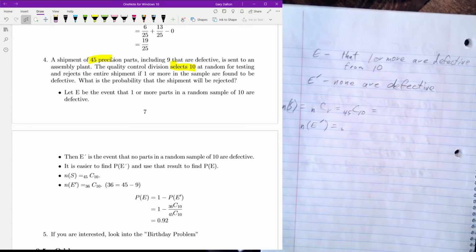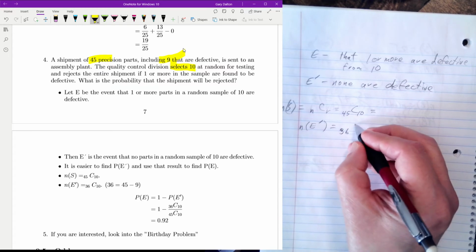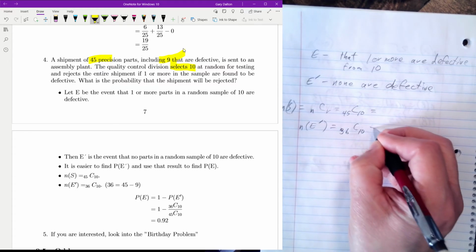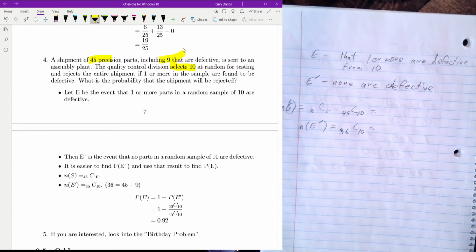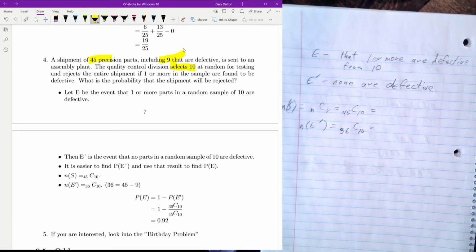Do you understand why we're doing the minus 9? We're taking out the defective parts. So we want to know how many ways we can choose 10 parts without selecting any that are defective. 45 minus 9 is 36. So 36 choose 10, and that is our event space. This is the size of our event, the size of our solution.